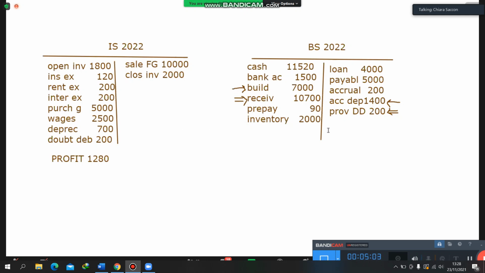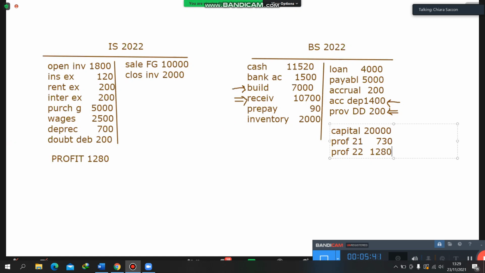Now we write the amount of capital or equity, that is 20,000. Then we have the profit of the previous year. We didn't touch it. So we have the profit 2021, still there. We could distribute it as a dividend. We will see other kinds of transaction on the profit. And we have the profit coming from the income statement of this year, 1,280.